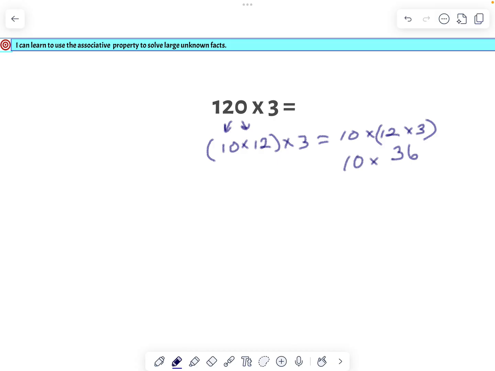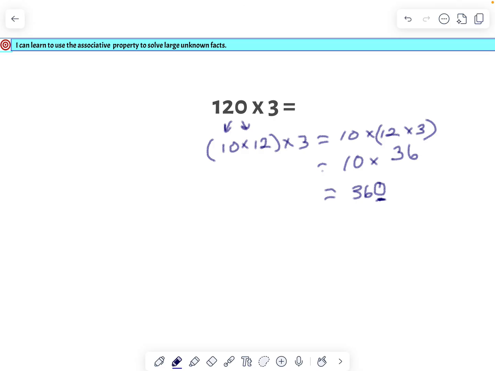Same thing again, I'm going to ignore the 0 for now. 1 times 36 is equal to 36. And now placing it into the tens column, putting 36 tens, I now place a 0 at the end to show that I'm in the tens place. And the answer is 360.